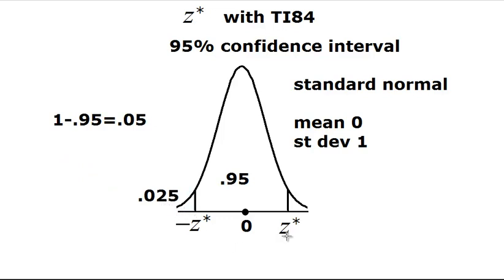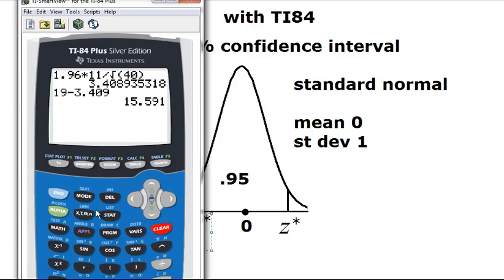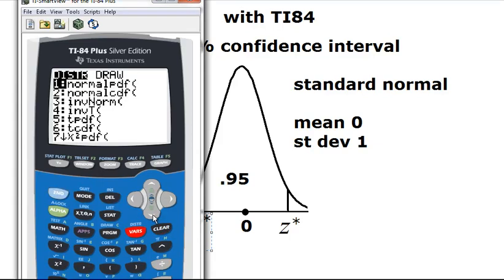0.025. That means Z star is a value such that 0.95 plus 0.025, that is 0.975, or 97.5% of the area, is to the left of this Z star, and you can obtain this value by using the inverse norm.